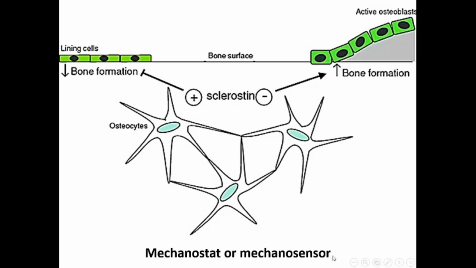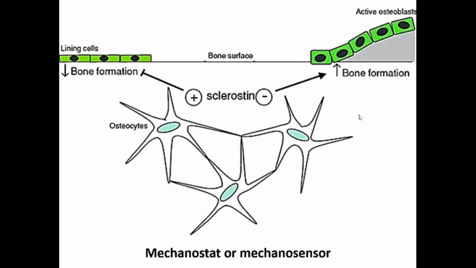For example, if you exercise, you put pressure on your bones, and this pressure creates stress on your bone. So these cells detect this stress, and in response, these cells produce a factor and activate the osteoblasts. And osteoblasts start to form new bone with high density.